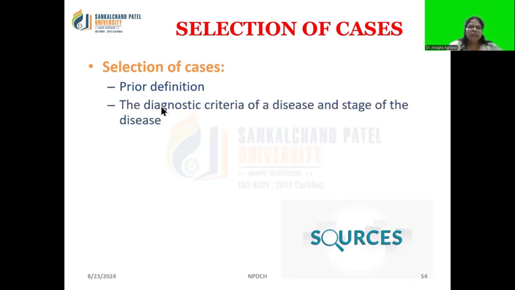So the diagnostic criteria of the disease and stage of the disease should be explained in that particular definition. As I've given you a clue, if you're including only stage 1 cancer patients or stage 2 cancer patients in your study, then you have to have specific diagnostic criteria for them, in which diagnostic criteria, what will be the outcome after that diagnosis, which will be considered under your study, which will be considered as stage 1 and stage 2, and which will be considered as stage 3 and stage 4.